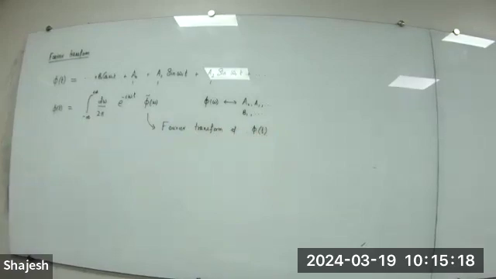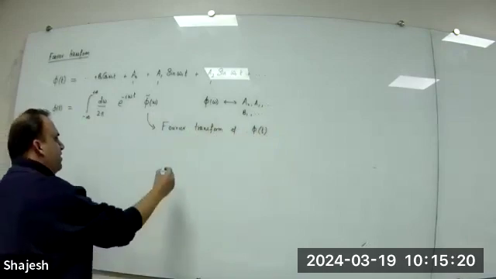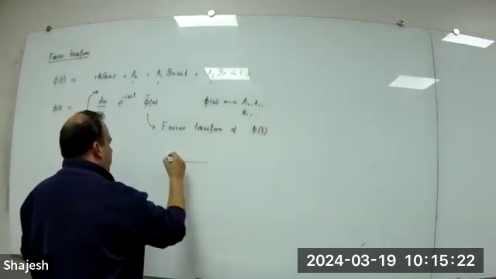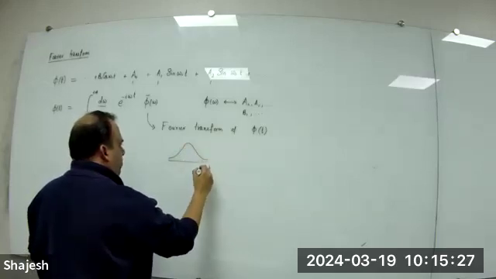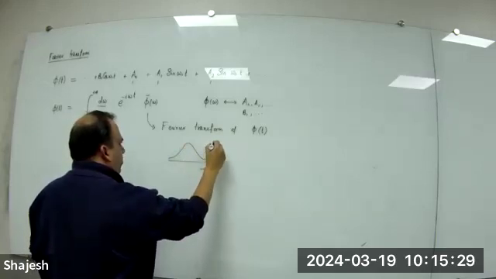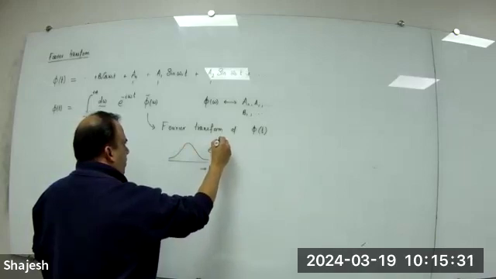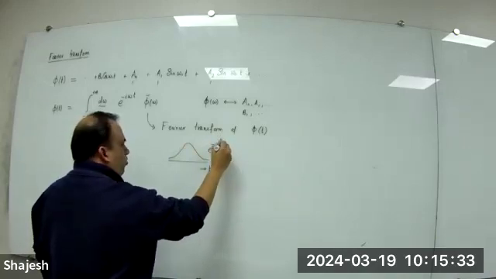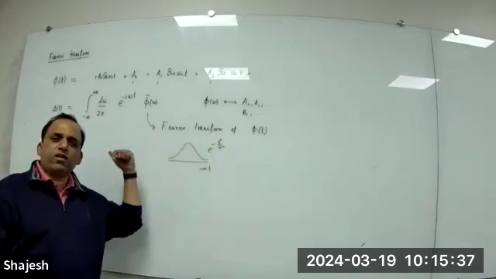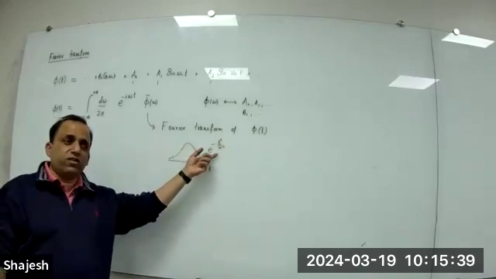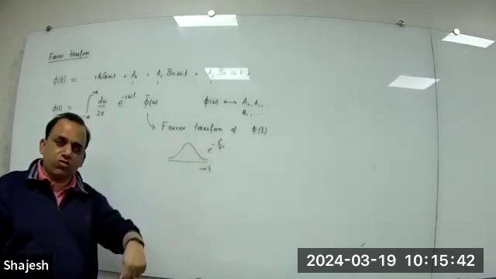It's good to know that one of the simplest functions is a Gaussian, right? This is how a Gaussian looks like. That's your time, and exponential of minus, let's say, t square over tau square. And that has this nice feature that the Fourier transform of a Gaussian function is the Gaussian function itself.